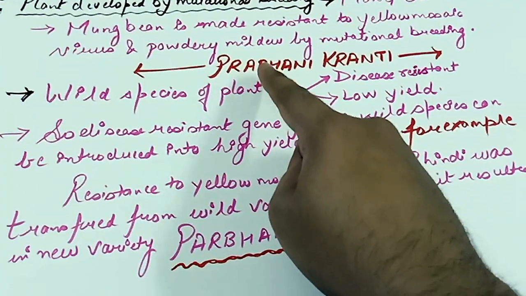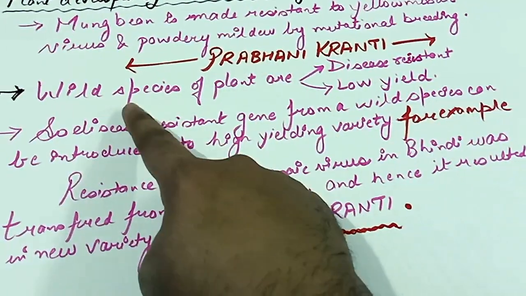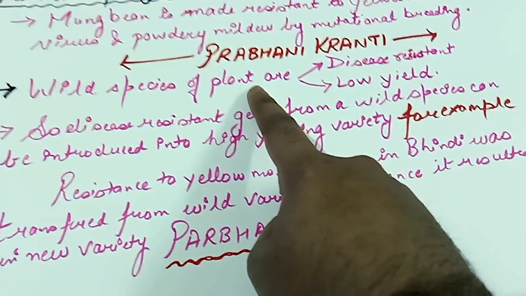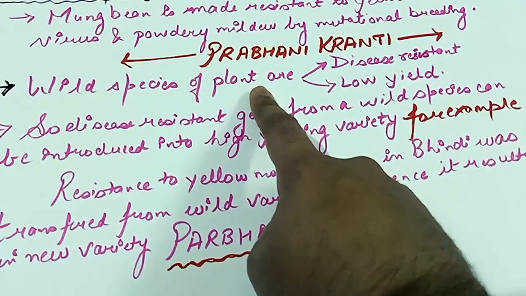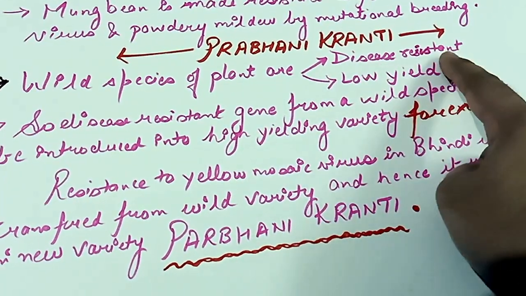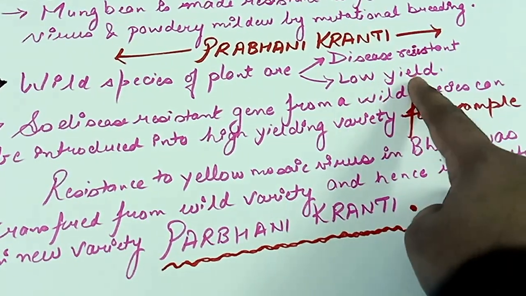Now let us talk something about Parbhani Kranti. The wild species of plant had one advantage and one disadvantage. The advantage of wild species of plant was that they were disease resistant, but the disadvantage was that they had low yield.